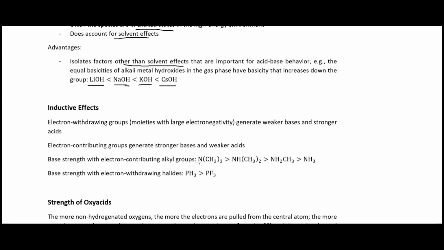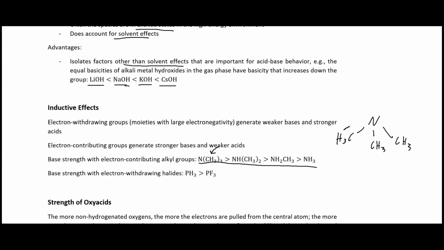So we have our nitrogen here, which can be substituted with these different alkyl moieties, and we see that the nitrogen with 3 methyl groups would look something like this. So it has the 3 CH3s on it, and those are electron contributing groups.